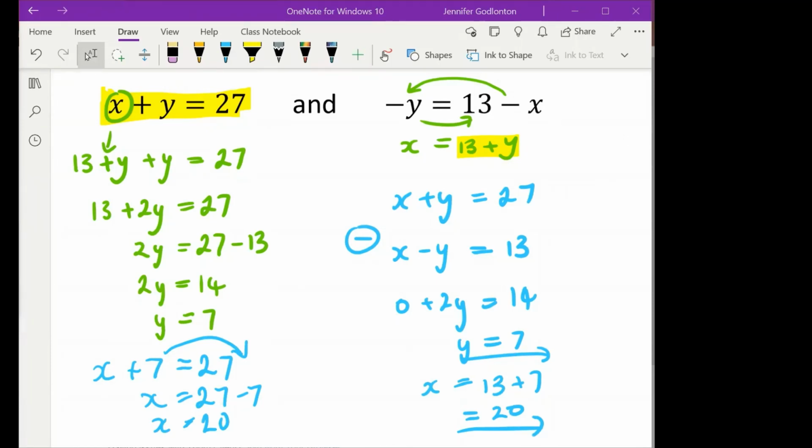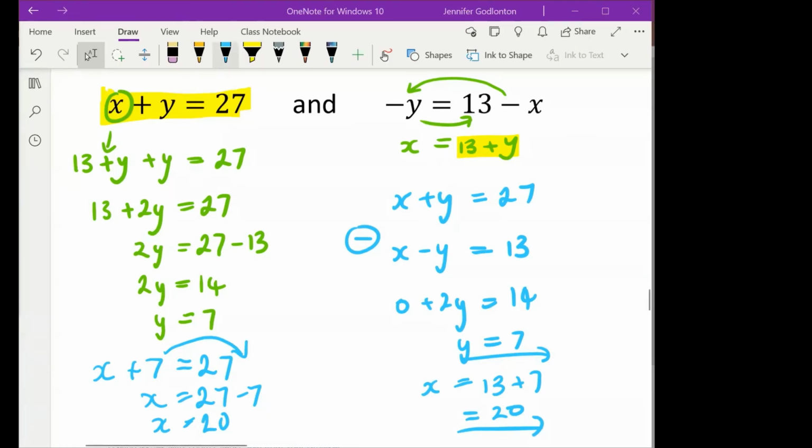After that, everything else lined up, but it was x equal to 7 instead of y equal to 7. Can you please tell me why we had a 2y instead of a 2x?